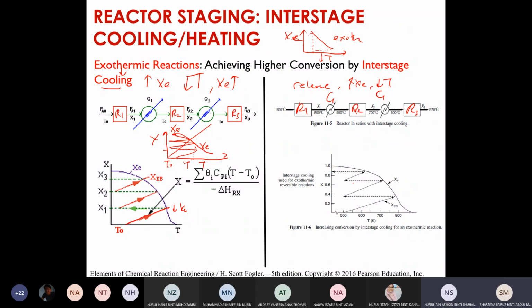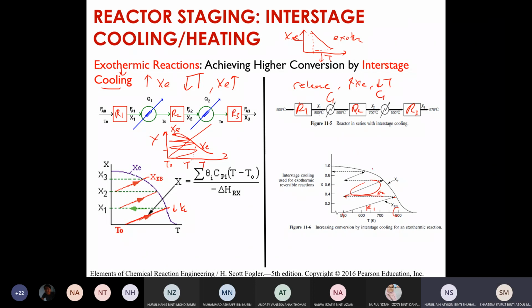Here you will have an interstage, starting from 500 to 800. It reaches a certain X here, and then we have interstage cooling, whereby from 800 we reduce to 500, in order for reactor number 2 to have an increase of XE.